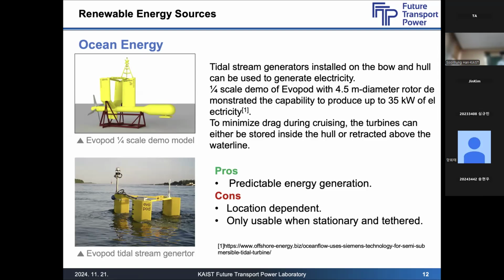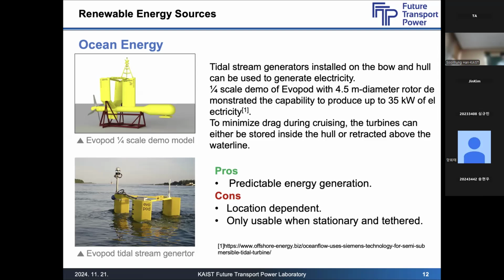The advantage would be its predictability in energy generation, because unlike solar and wind energy, which are largely affected by the weather conditions, the tide and the current of the seawater are more predictable than the others. So we can say that it is predictable and more stable.